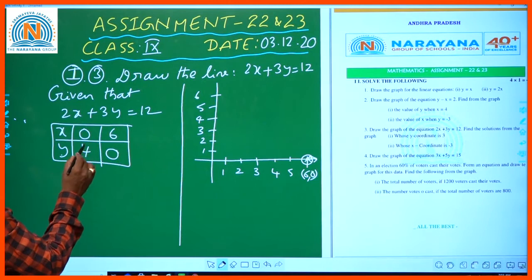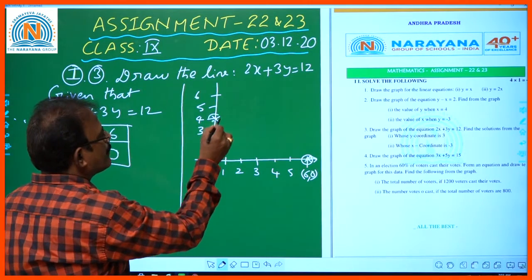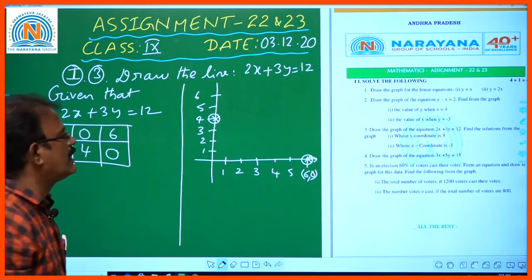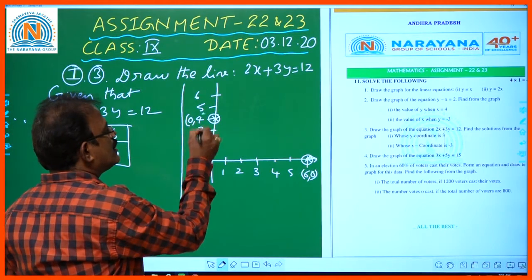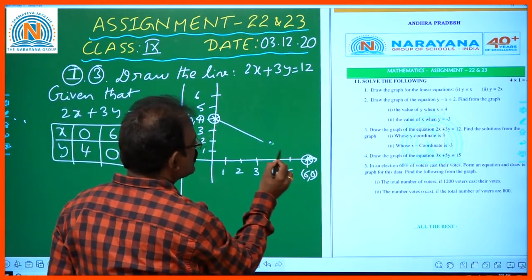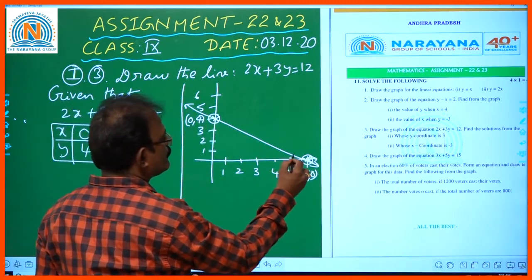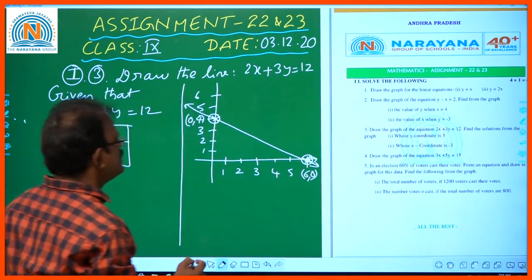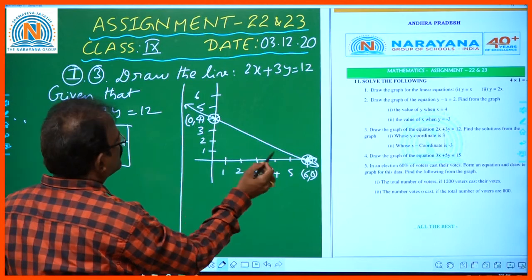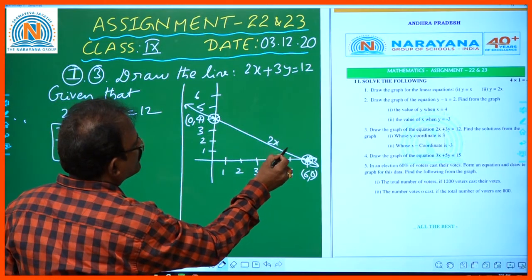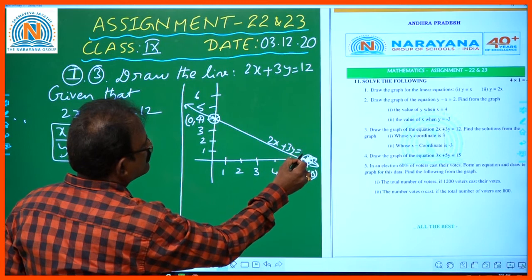Then y is equal to 4. Directly we can represent these points on the coordinate plane. This is 0 comma 4. Then take the scale, draw the line passing through these two. Okay, children, this is 2x plus 3y is equal to 12.